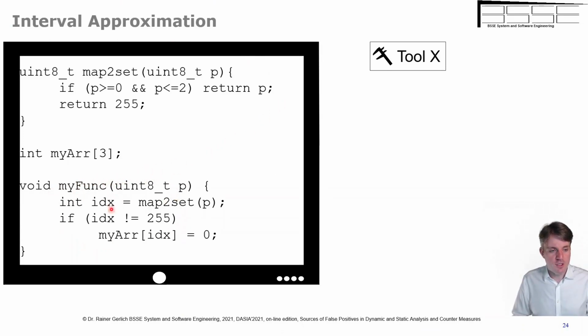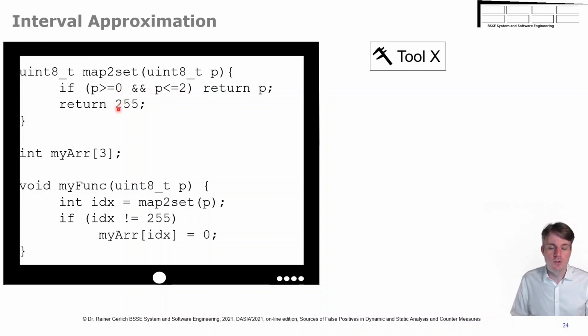We have a function here that accepts an unsigned integer as parameter, passes that on to the map to set function and uses the return value from that as an index unless it is 255. And looking at map to set, we see that map to set checks the value of the input parameter, and if it's 0, 1 or 2, it simply returns the value unchanged.